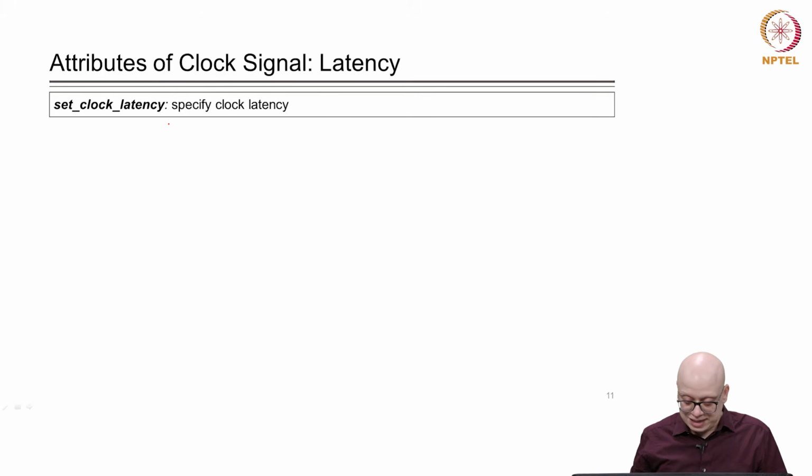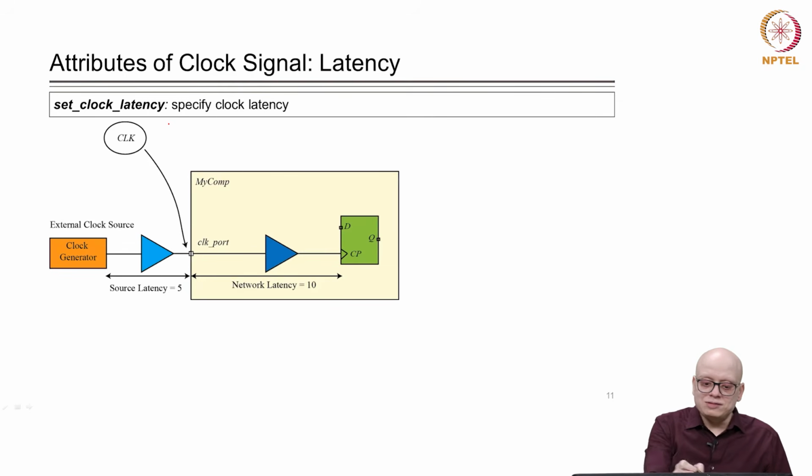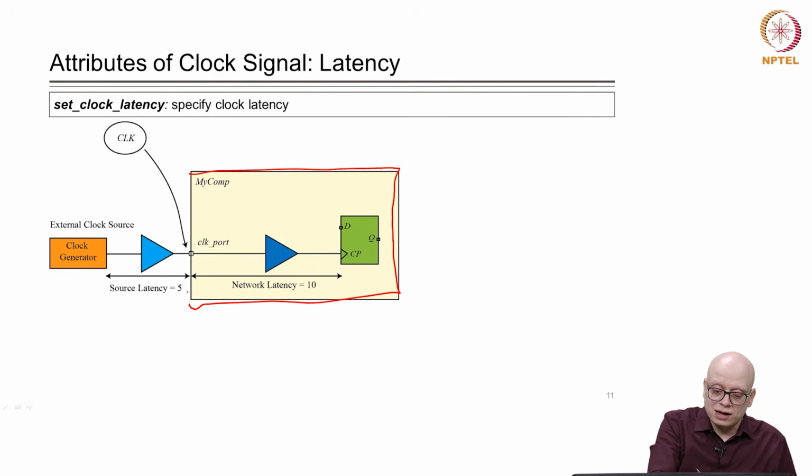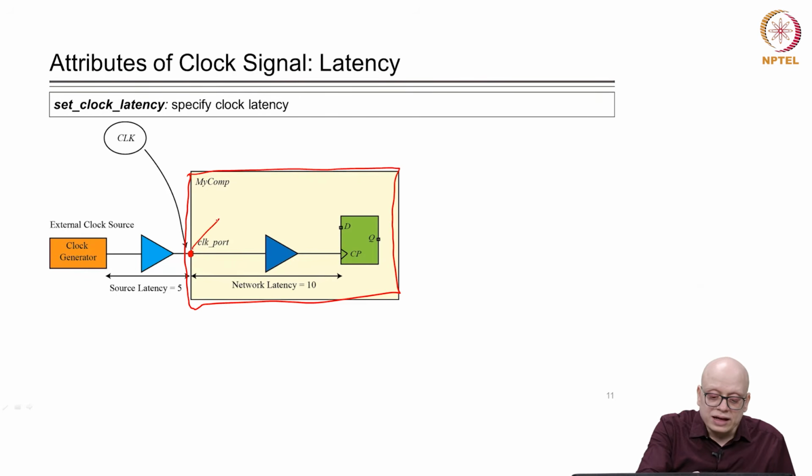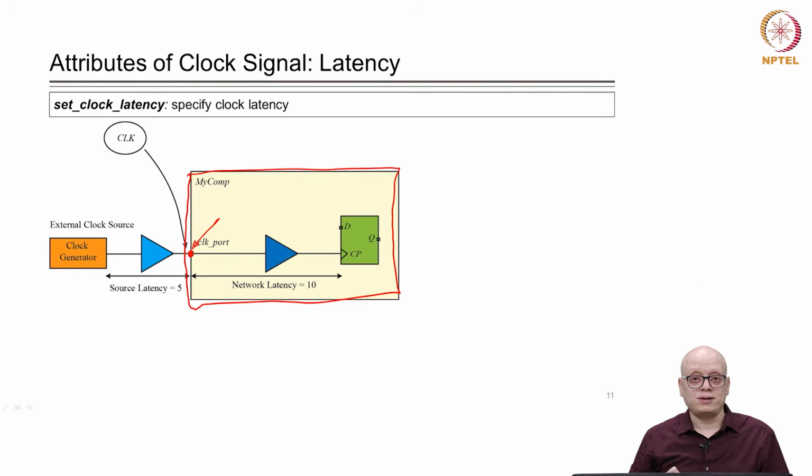How we can do this? Let us see. Suppose this was the design which we were making, right. So, this is our design for which we are writing the constraints file, right. Now, this design is receiving clock at the port clock underscore port, right. So, in our design we will provide a definition to this clock at this point, right.